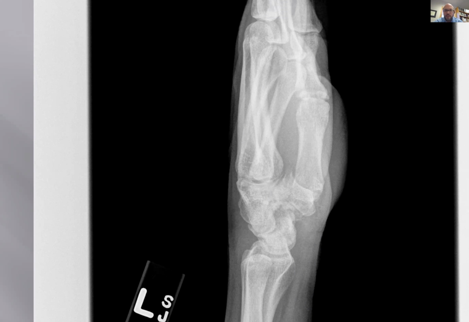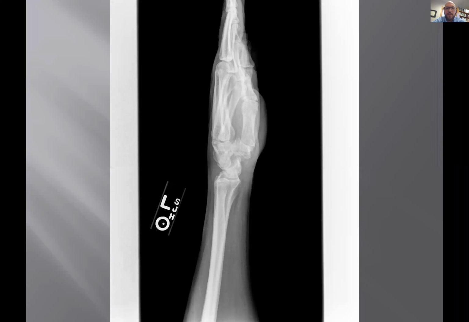So let me go back. Let me draw it out for you. So the lunate ought to be sitting right here, like this. Think of it as a boat. There's the water and the nice little boat.